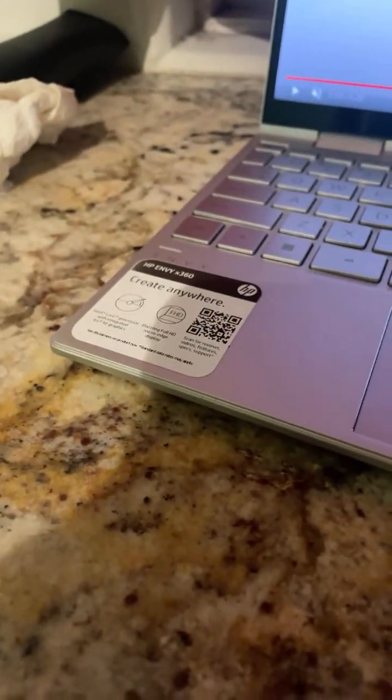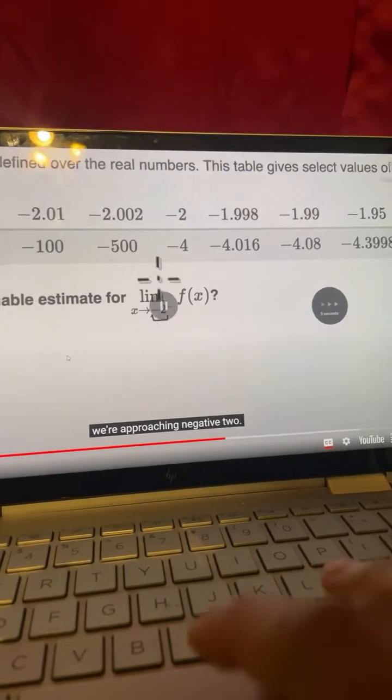Okay. I'll get to that later. Right now, I'm going to concentrate on this. Function f is. And we go here.